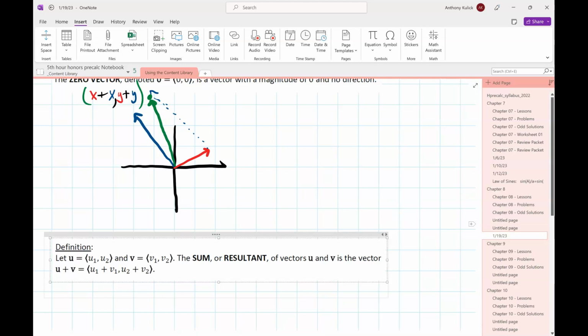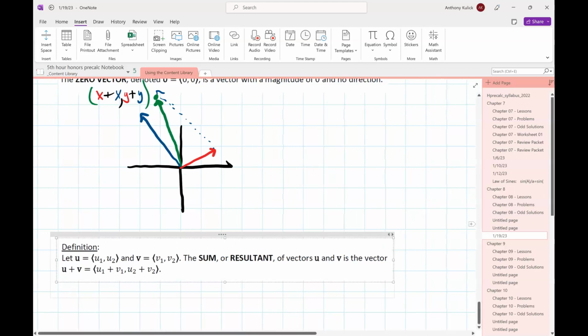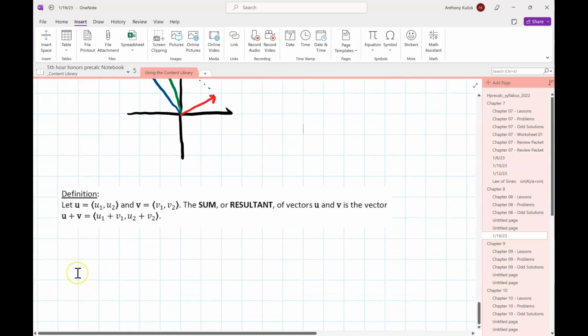Okay. So the next thing we're going to talk about, we've seen that vector addition is really just like a translation, right? I'm just translating two vectors and then finding the resultant. Another geometric transformation we had was dilations, right?